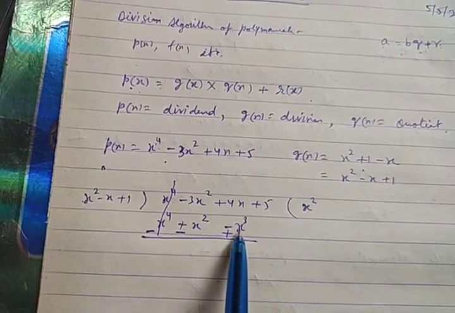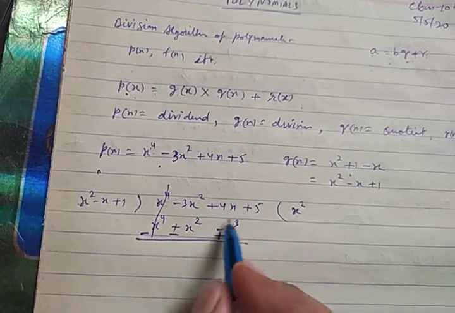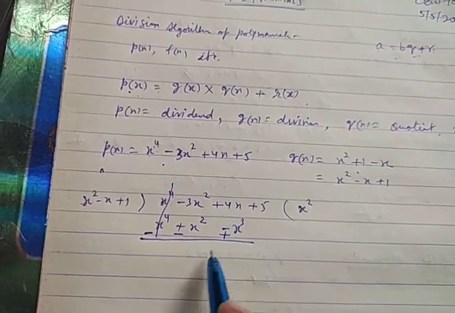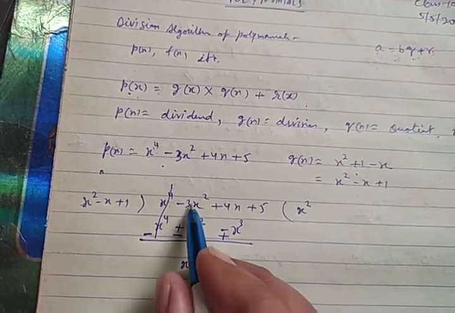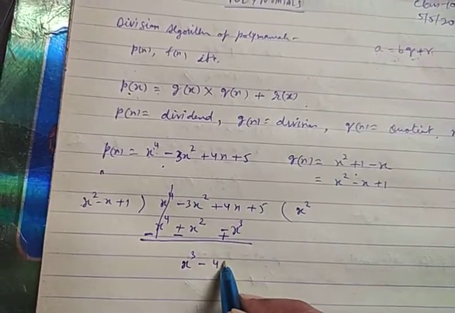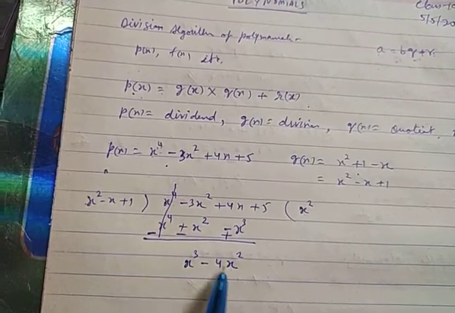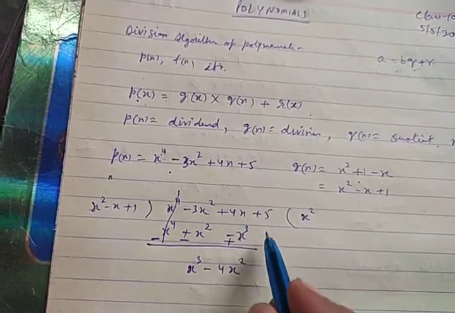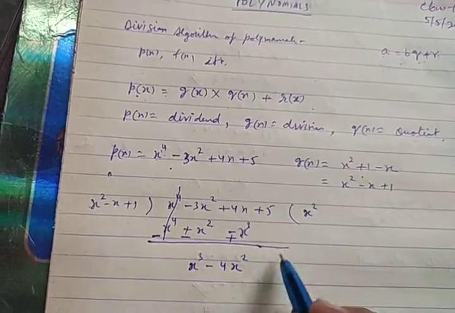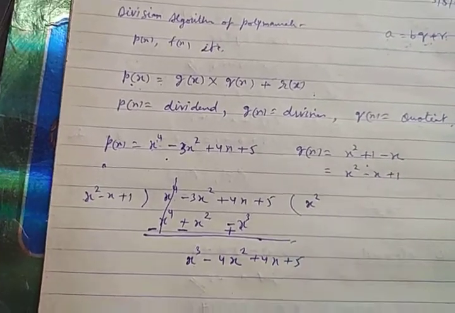Now the higher order term is placed first, because it will not combine with any term in the upper line. This will become x^3 here. Now the x^2 term will become -4x^2, because 3 here, 1 here, 3 plus 1, 4x^2. Now these have been written. Now the remaining terms will all be copied here: +4x + 5.